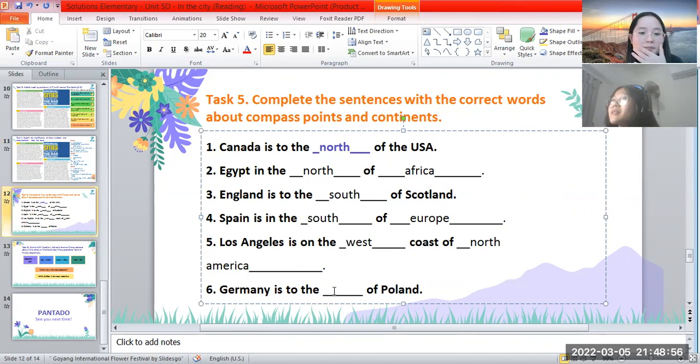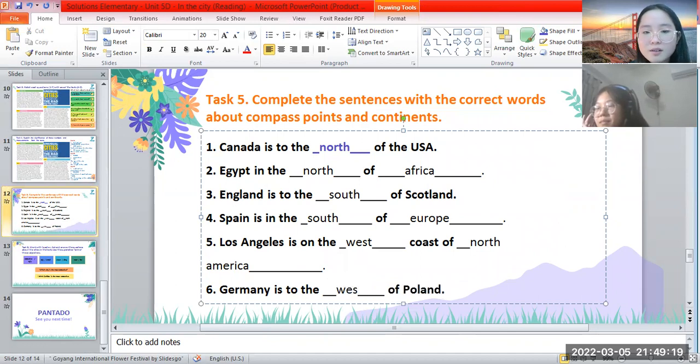Germany is to the... this one you have to look to the map because it's quite difficult. Germany is to the west of Poland.